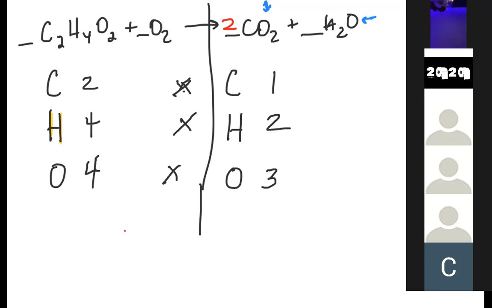Your C turns to a 2, and your other oxygen turns into a 5. Cool. All right, what were we trying to do? Oh, we were trying to fix the C's. Yes. All right, then job well done, because that's the whole point.